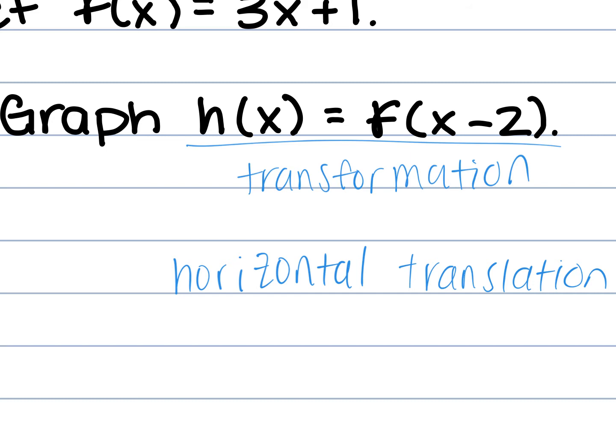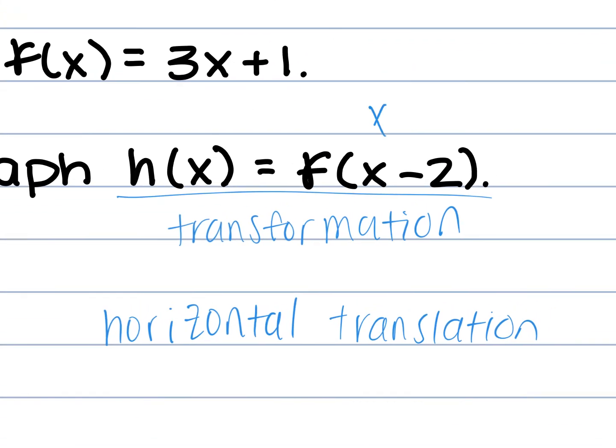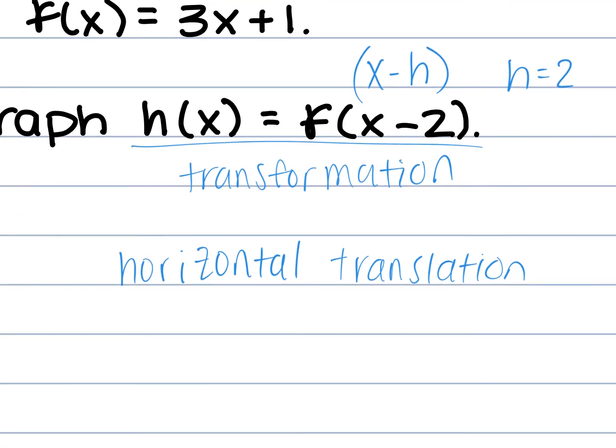Close. So remember, this has to match x minus h, correct? What value of h here would make this match x minus 2? H must be equal to 2. Do you guys agree? So now if h is equal to 2, how do I move if we're horizontally translating it?